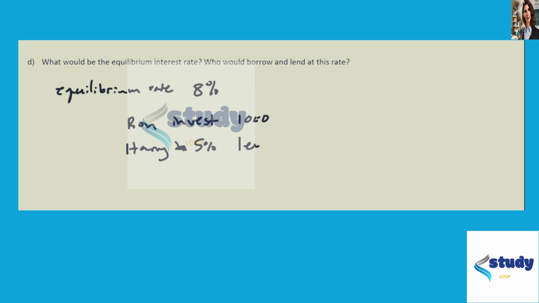He's going to lend because 8% is bigger than 5%. And Hermione can invest at 20%, so she's going to continue to invest because 20% is bigger than 8%, and she will want to borrow money from Harry so that she can invest more than her original $1,000. So at an 8% rate, Ron invests, Hermione borrows to invest, and Harry lends and does not invest.